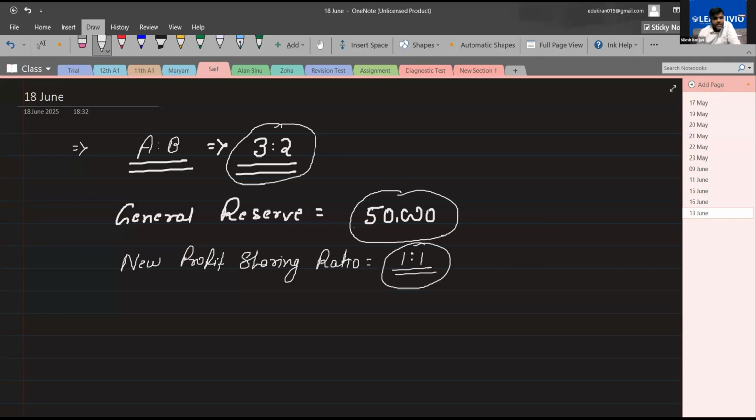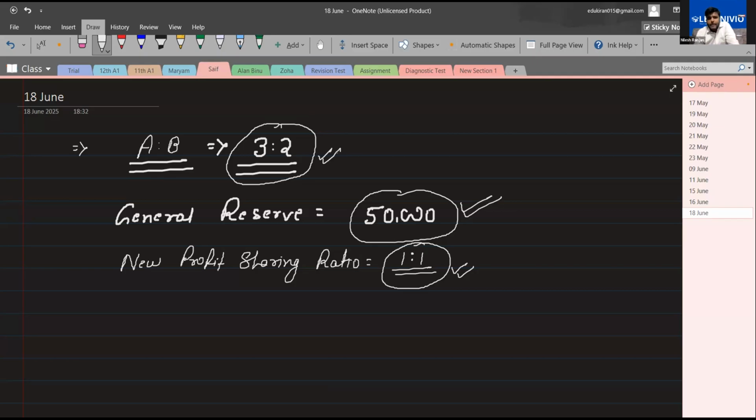Now tell me, is this profit related to past or present? It is related to the past. So what do you think, should it be distributed in the new ratio or the old one? The old one.